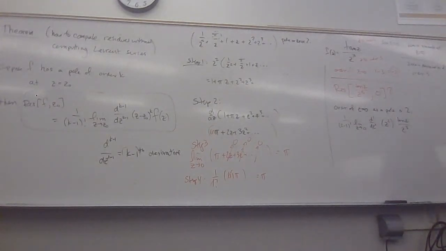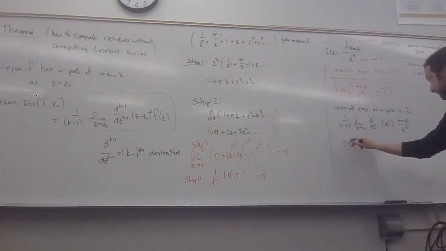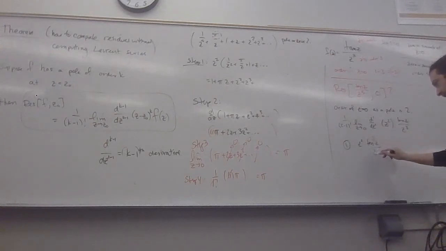Okay, so you put the z squared in there because whatever the Laurent series is, this would shift the residue to the constant spot. So step 1 says we're going to do z squared times tangent z over z cubed, which is tangent z over z.